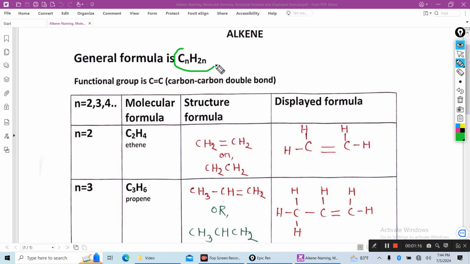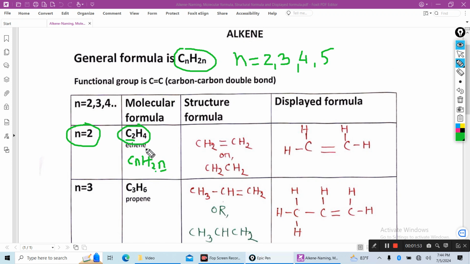In the general formula CnH2n, the value of n will be 2, 3, 4, 5 and so on. So if you write first n equal to 2, as CnH2n, the molecular formula will be C2H(2 times 2) which is 4.